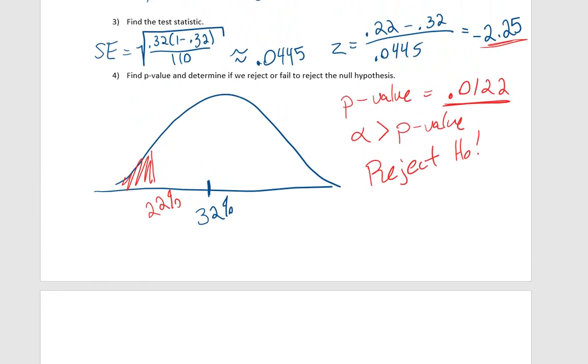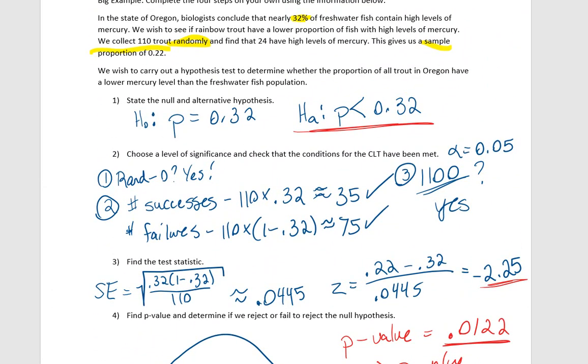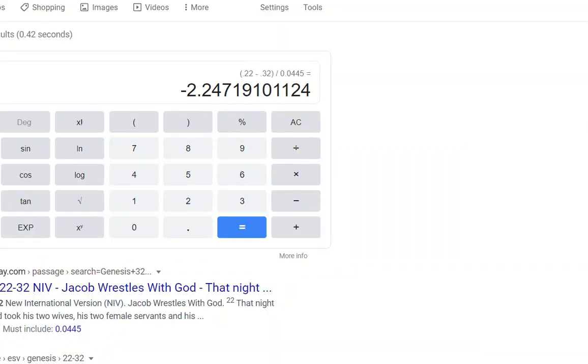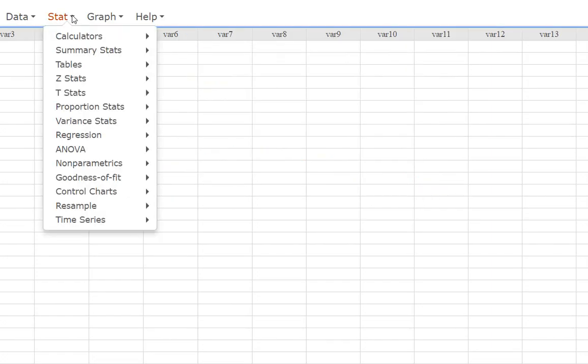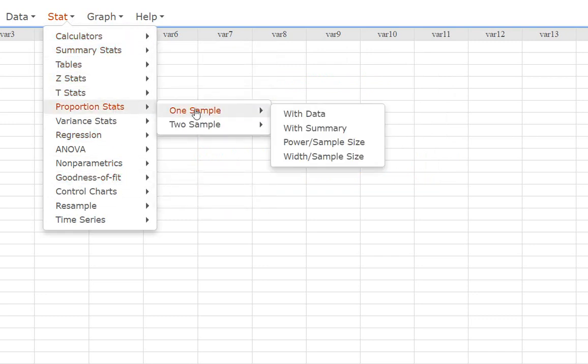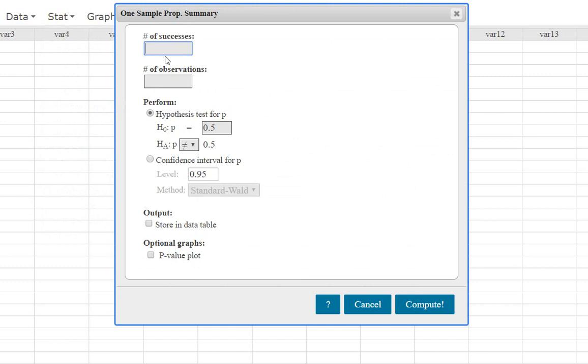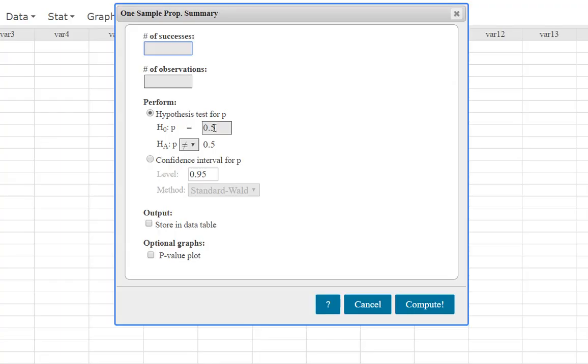All right, so let's do this one in StatCrunch just to check our work. So remember, we're going to go Stat, Proportions, One Sample with Summary. So we had 24 out of 110 that had high levels of mercury.